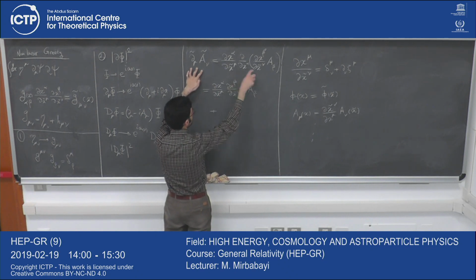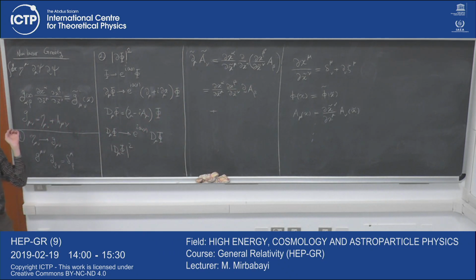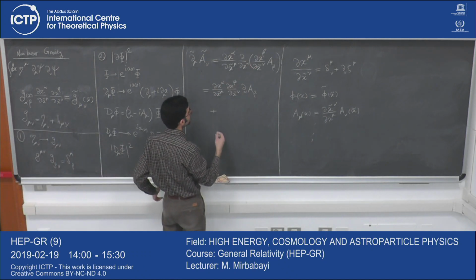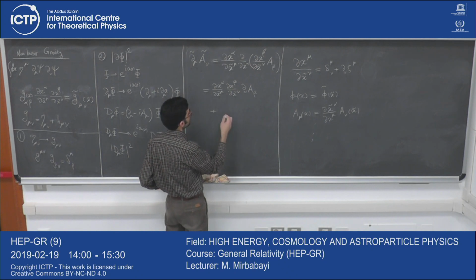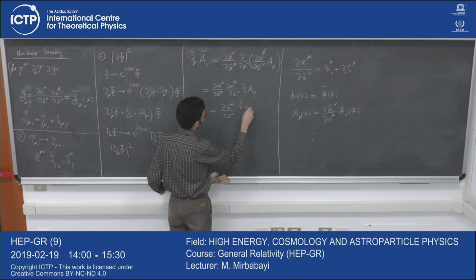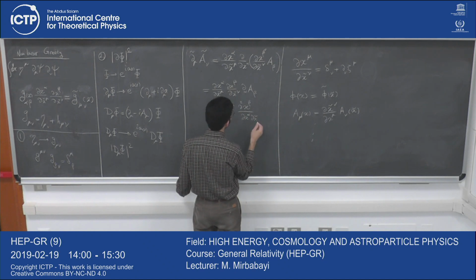But then there will be the extra term that comes from acting by derivative on this transformation matrix itself. So that's what that is, d x alpha d x tilde mu, d2x beta, d x alpha d x tilde mu.